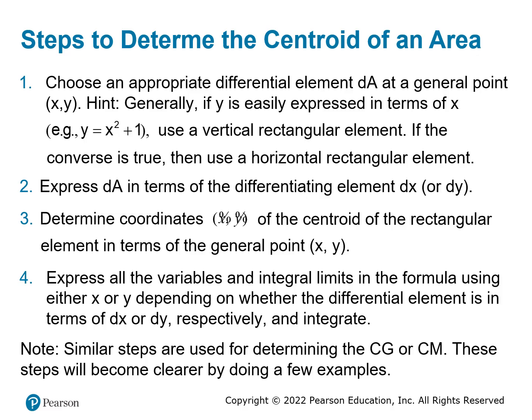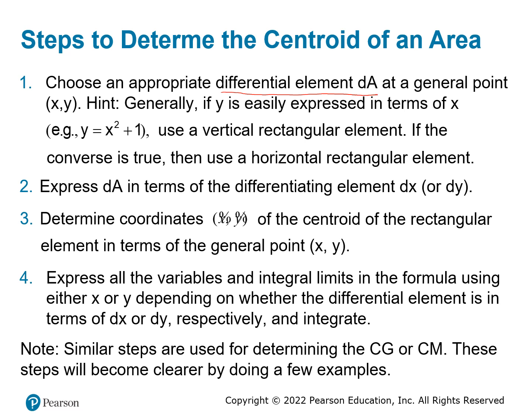All right, so when you start to do the homework, you're going to have some problems that ask you to find the centroid of an area, and we just wanted to give you the steps. So the first step is that when you see an arbitrary shape, you have to first find a differential element of the area.